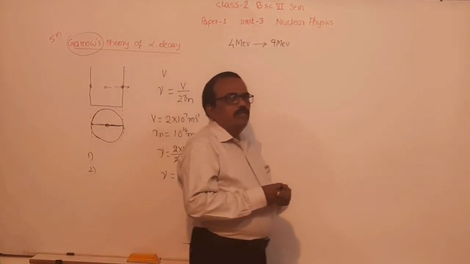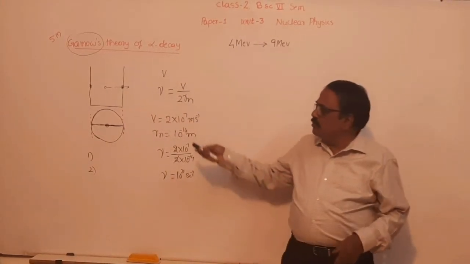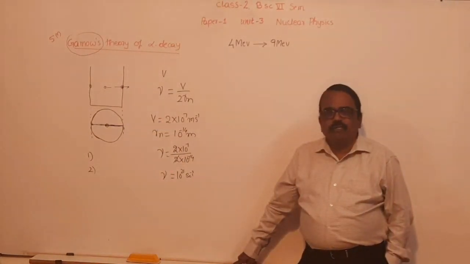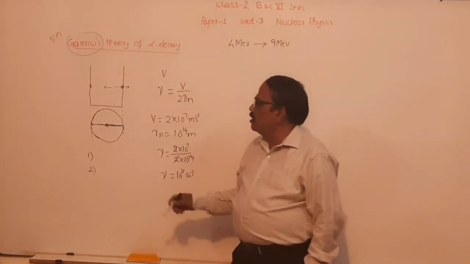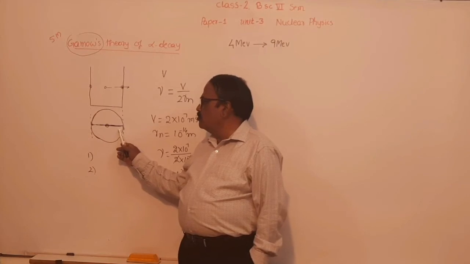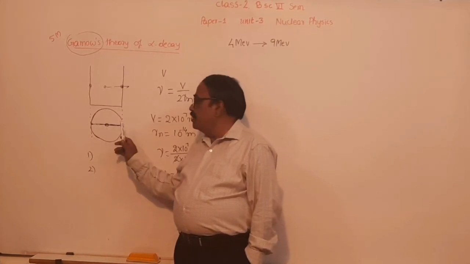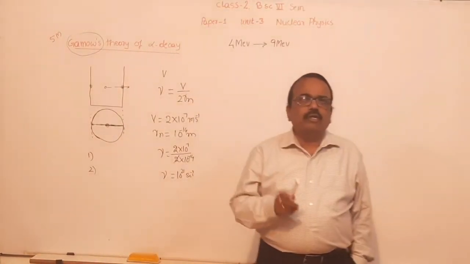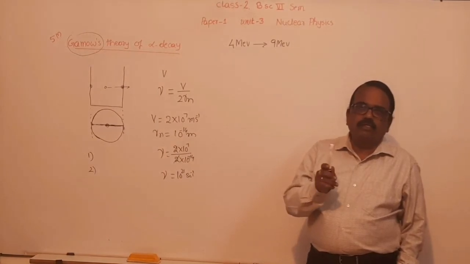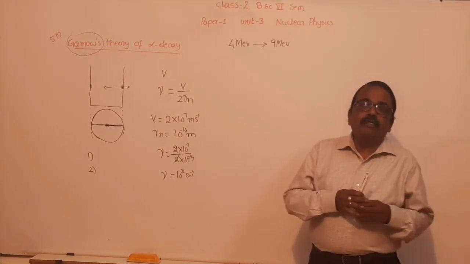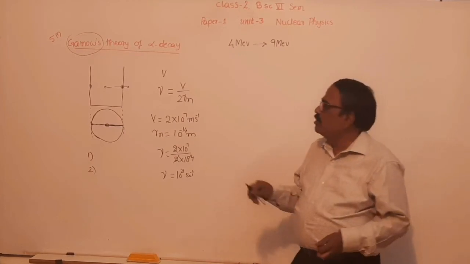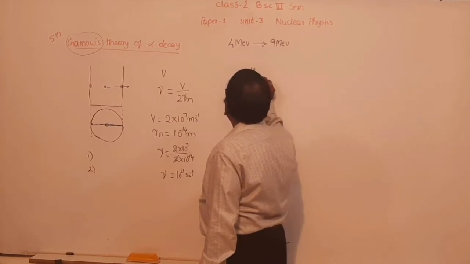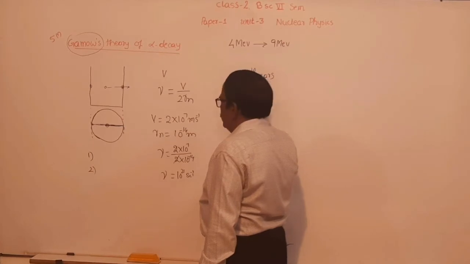That means the collision frequency of this alpha particle on the wall of this barrier potential is 10 raised to 21 per second. In other words, the alpha particle moves forth and back and hits the wall of this container 10 raised to 21 times per second, but yet it takes an average of 10 raised to 10 years to come out from the nucleus.